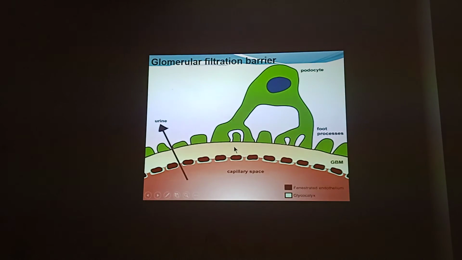This is the reason why albumin does not filter. Okay, it cannot cross the glomerular filtration barrier. About the size, the size of albumin and less than that can go through the glomerular filtration barrier. And the second thing is that only positively charged particles can go across.